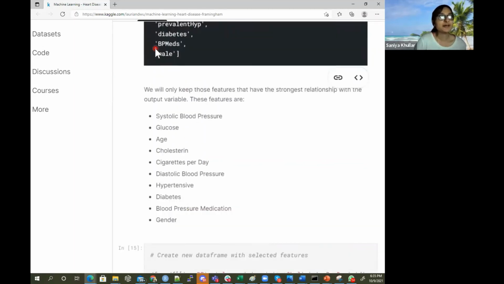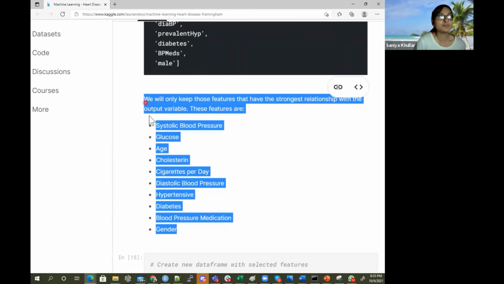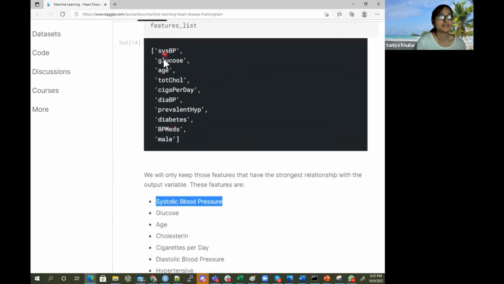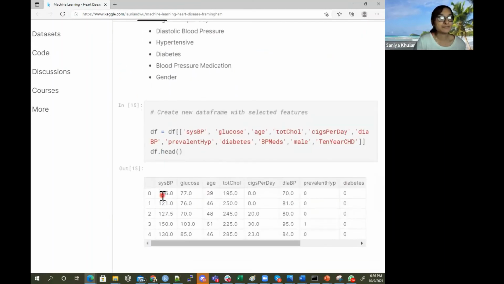Then if you want to keep those features with strong connections with the output, you use systolic blood pressure, glucose, age, cholesterol, which is total cholesterol or serum cholesterol. It's the same thing. Cigarettes per day, diastolic blood pressure, hypertensive, which is prevalent hypertension, diabetes, blood pressure medications, and gender.